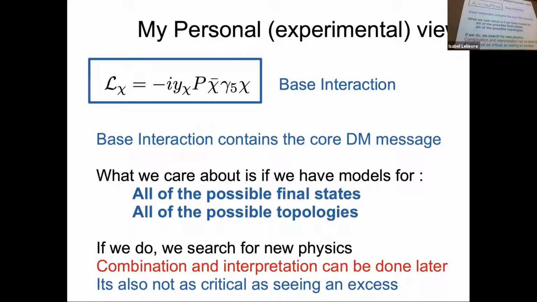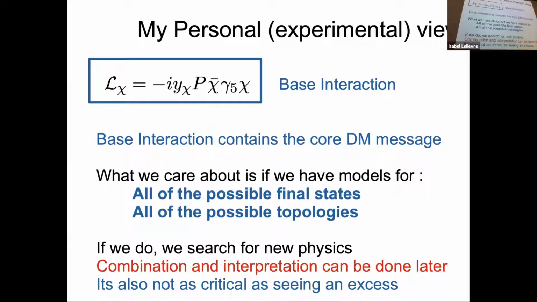All right, I was hesitant to talk too much about this because we can have discussions all day about it. Honestly, as an experimentalist, I get less excited. My conclusion is that I don't care too much about the model. I care about making sure that we have all the possible final states so that when we look at the data, we can interpret it correctly.